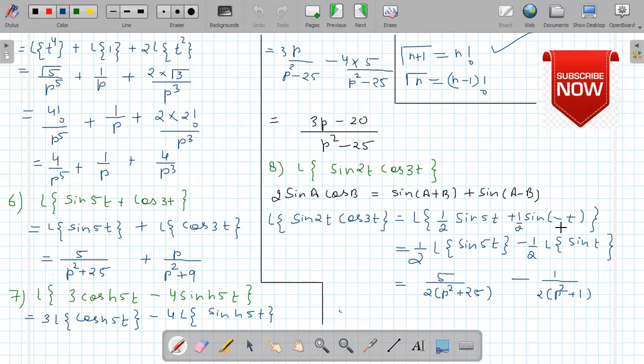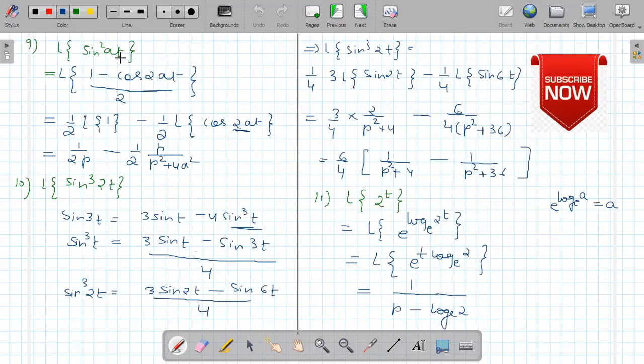So by the linearity property, you can separate this 1 upon 2 from these functions, and then take the Laplace transform of these functions and apply the standard formula of Laplace transform of sine at, which is equal to a upon p square plus a square. Here a is 1, so it is 1 upon p square plus 1.